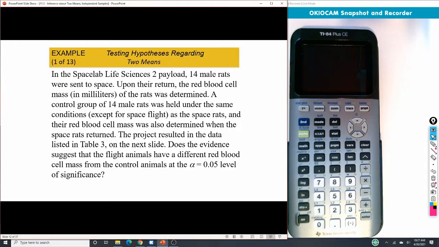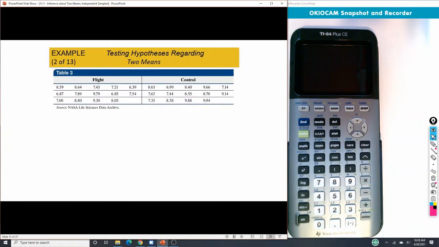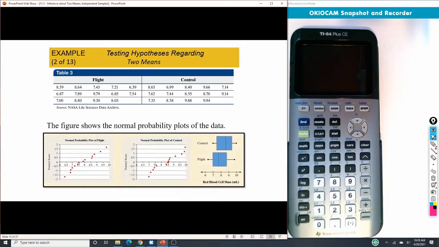The question says, does the evidence suggest that the flight animals have a different red blood cell mass from the control animals? Is it just different? That means it does not equal when we're looking at those pieces. They give us a table of values, so that means we have data. We're going to plug that into our calculator and go from there.